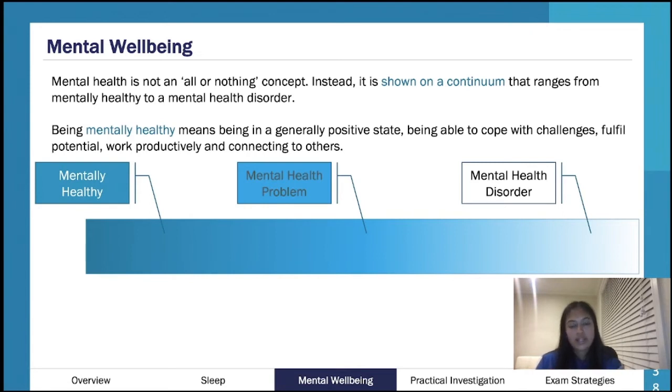So on that idea of bouncing back: coping with challenges, working productively, forming relationships with others, that sort of thing. Obviously we can slip up and down this continuum. So a mental health problem may be a brief, short thing. And once things get a little bit more serious, it may be a diagnosable mental health disorder. So this is when you would be diagnosed, which has to do with seeing a psychiatrist and things like that.